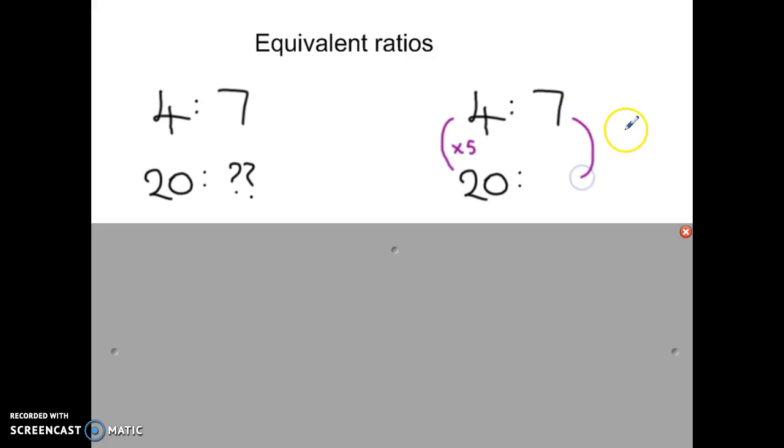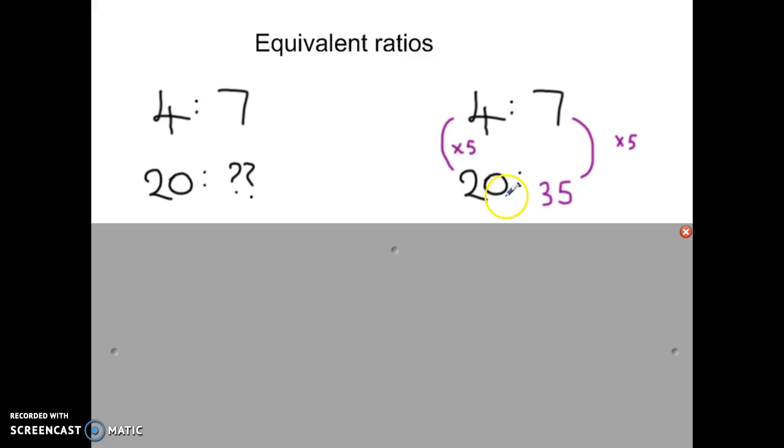I would do the same thing on the other side of the ratio. That gives me my missing number as 35. So 4 to 7 and 20 to 35 are equivalent ratios.